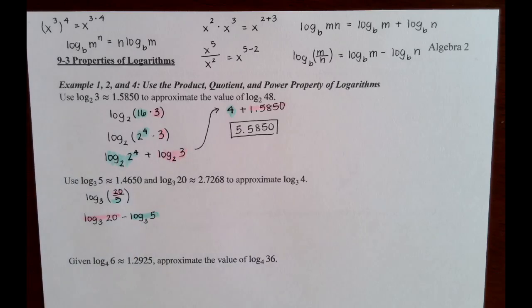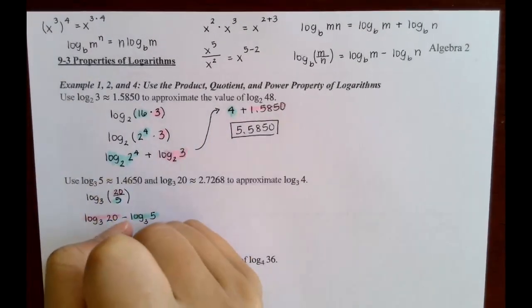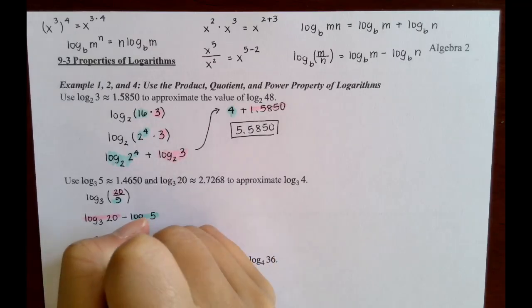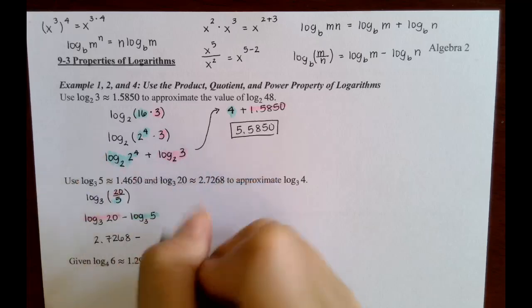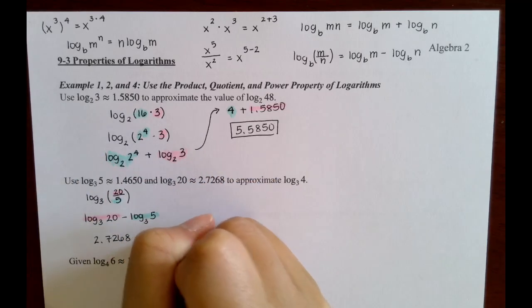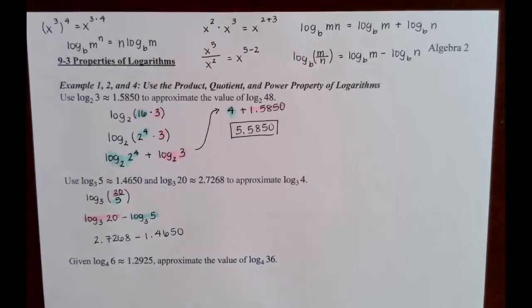Okay. And I know what that is from here, right? Log base 3 of 20 is 2.7268. Log base 3 of 5 is 1.4650. Okay, and then, right, 2.7268 minus 1.4650.